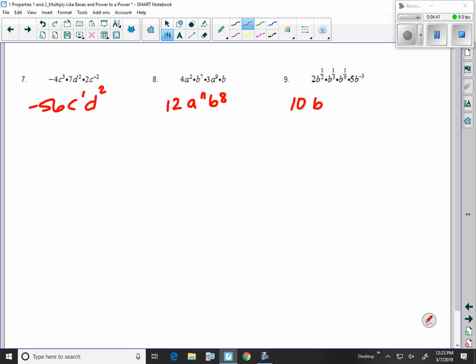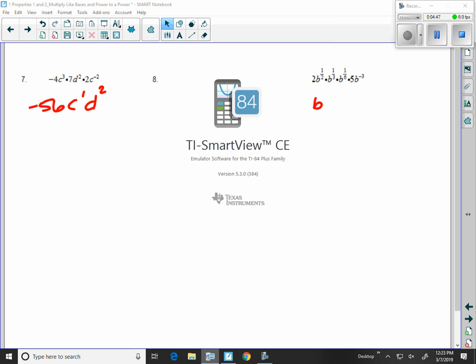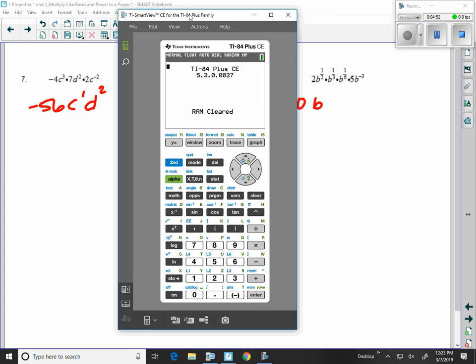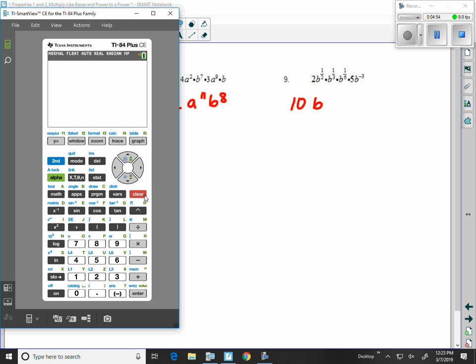Okay, b. Now, I'm just going to pull up my calculator because you can easily do this in your calculator. All right, now watch how I do this. Okay, I put each fraction in parentheses.